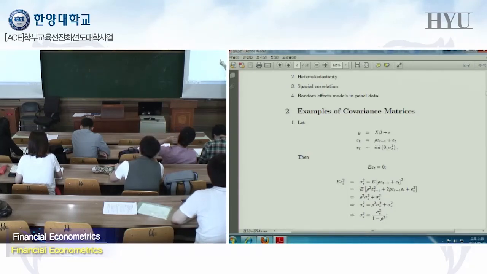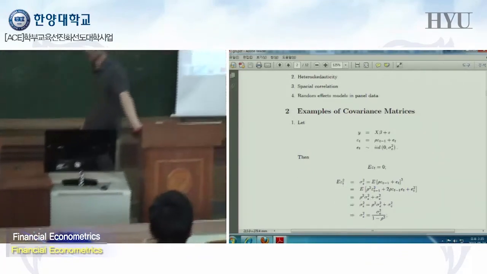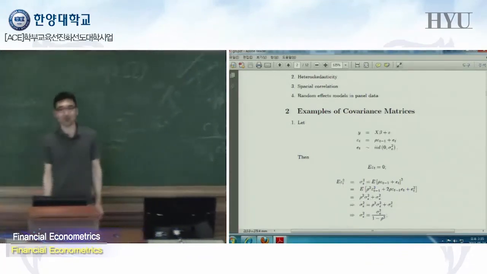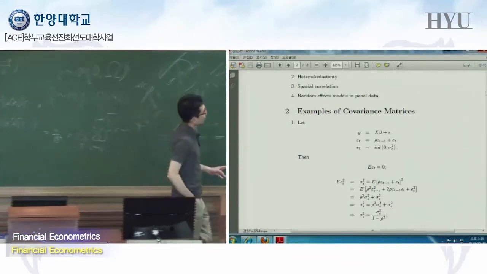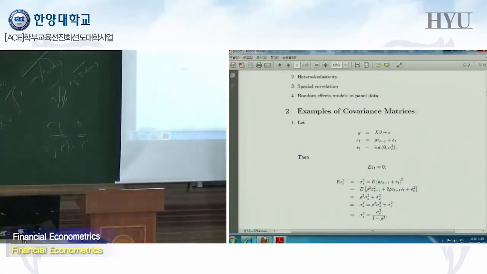So it is 1 minus rho times the expectation of epsilon t, and it is the same as the expectation of e t. But the expectation of e t is 0, so the expectation of epsilon t should be 0 too. IID means independently and identically distributed. So each e t is independent of the others, and each e t has exactly the same distribution.